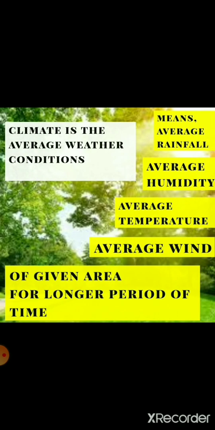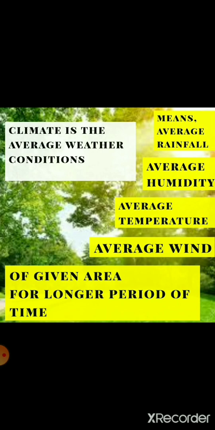Let's discuss the basic definition of climate. So, climate is the average weather condition of a given area for a longer period of time. Here, what we mean by average weather conditions, like average rainfall, average humidity, average temperature, and average wind.